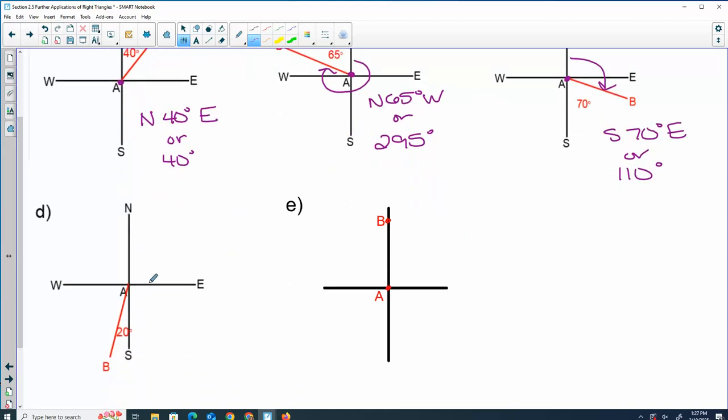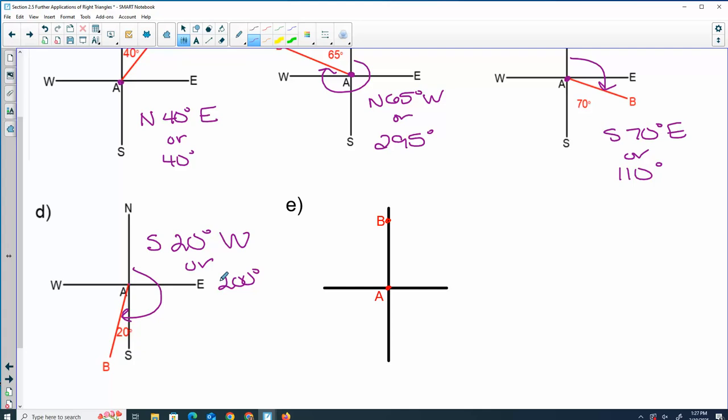D. This one is going to be south 20 degrees to the west. Or the other option from due north would be 200 degrees.